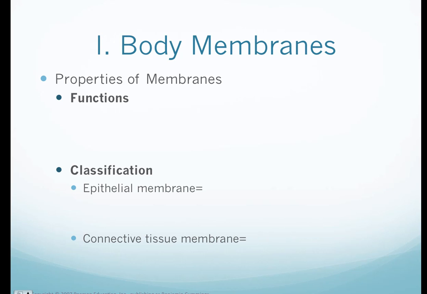They serve as a barrier or interface, and from internal and external environments, so you can create this area where everything inside is kept inside, everything outside is kept outside. And then number 2, we can cover and protect internal organs. So 2 major functions.